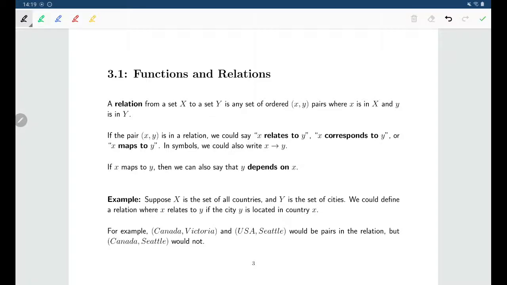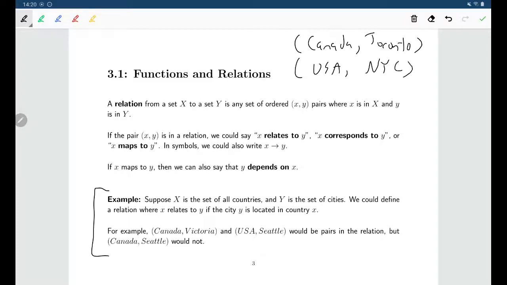So one thing that you might notice about even just this relation is that it's possible to have the same X value corresponding with more than one Y value. So for example, although we have Canada, comma, Victoria as a point, we also have Canada, comma, Toronto as a pair or a point in this relation, as would USA, comma, New York City.